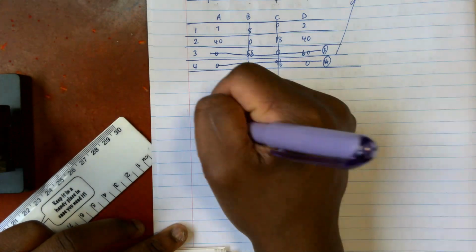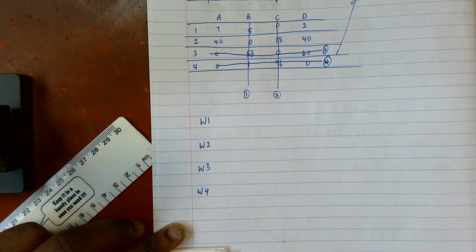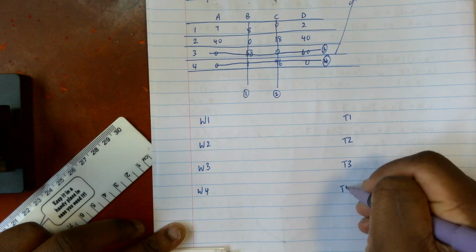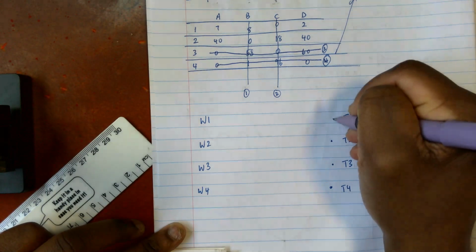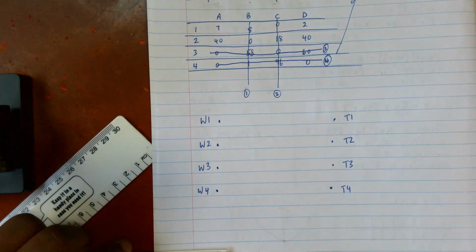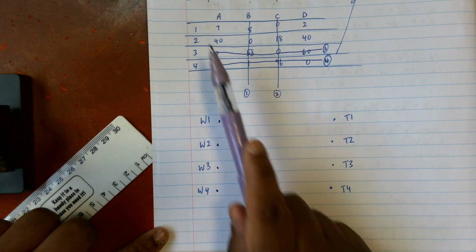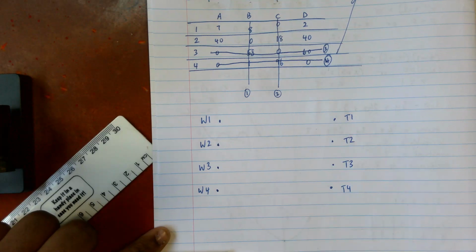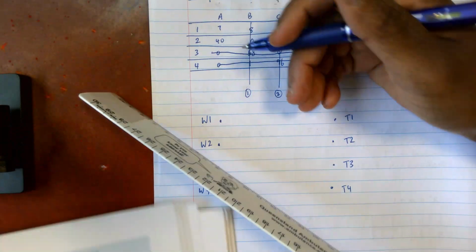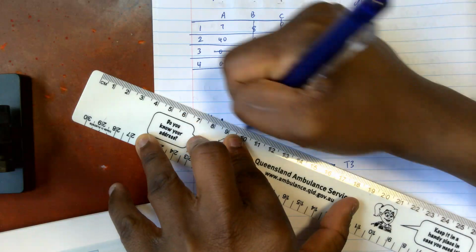So we've got worker 1, worker 2, worker 3, and worker 4. We're going to have task 1, task 2, task 3, task 4. So from this table, we can see that worker 1 will take task 3. So from worker 1 to task 3, draw a line there.